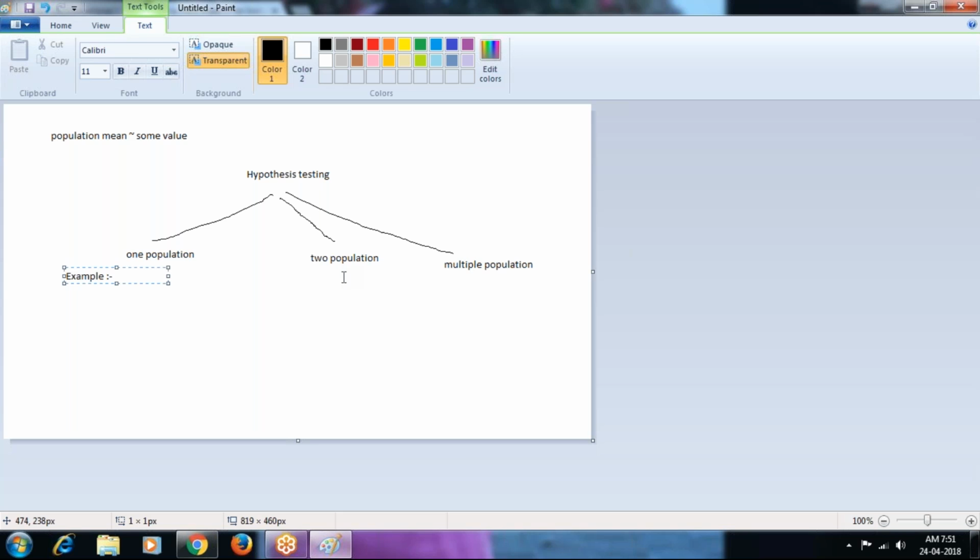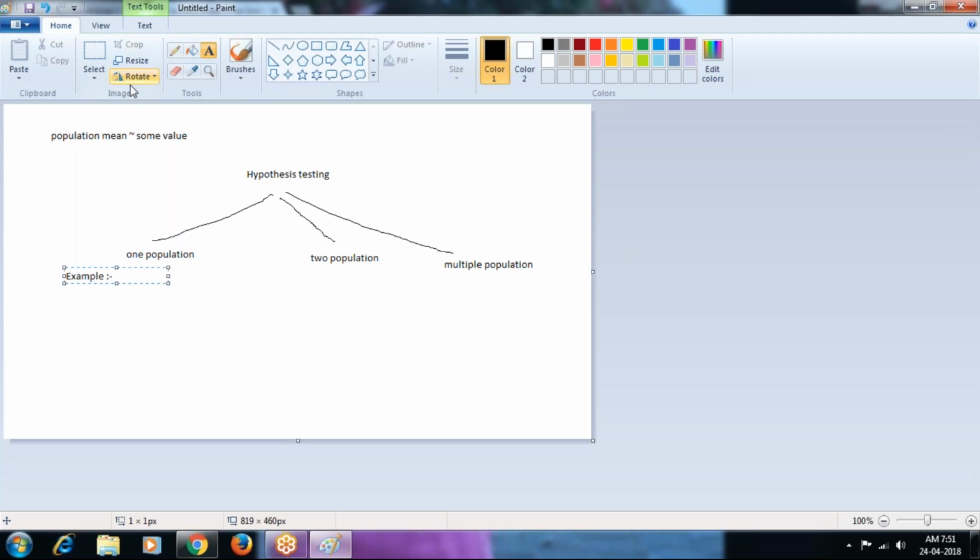Let's see what independent and dependent populations are. So these populations are dependent, or they can be independent. Okay, so what are dependent and independent populations?